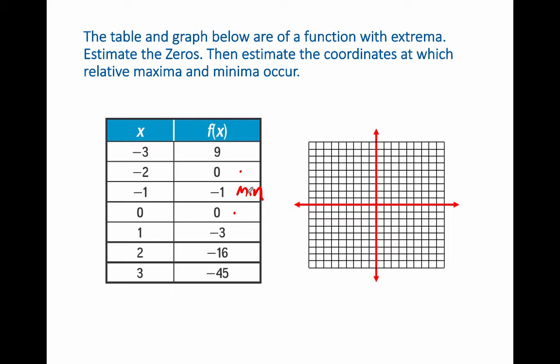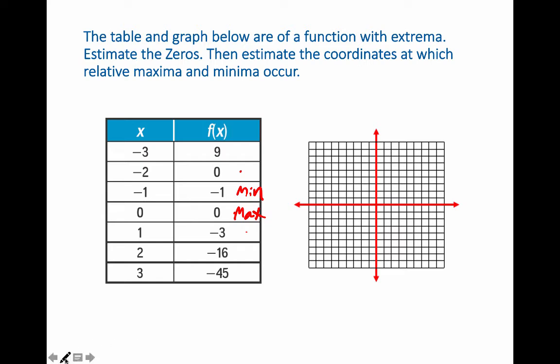Okay, so I was at a minimum of -1. I went up to 0 and down to -3. So I went up to 0. That means this is probably some sort of maximum. Down to -3, down to -16, down to -45. So the only thing I can tell here is I have a minimum here and a maximum there.